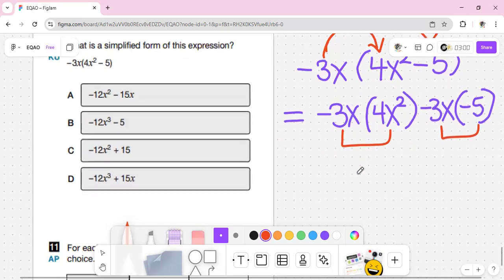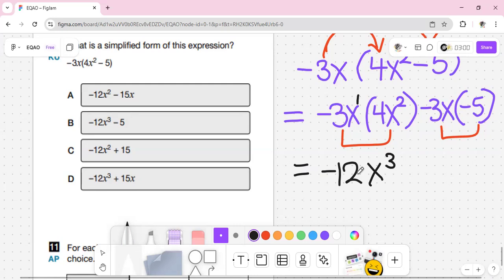So I know that negative 3 times 4 is negative 12. I have x to the power of 1 times x to the power of 2. So the rule when multiplying powers is we keep the base the same and add the exponents. 1 plus 2 gives me x to the power of 3.